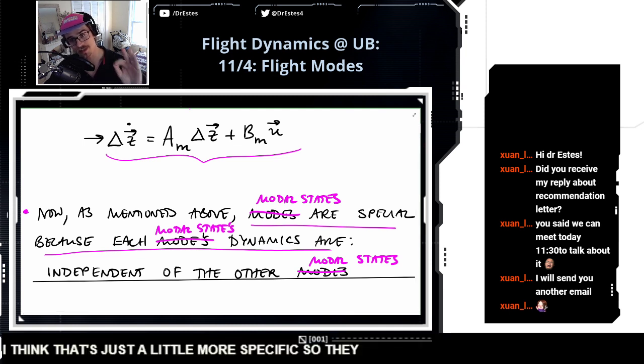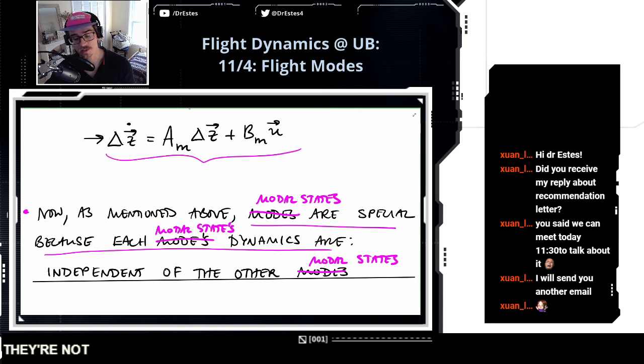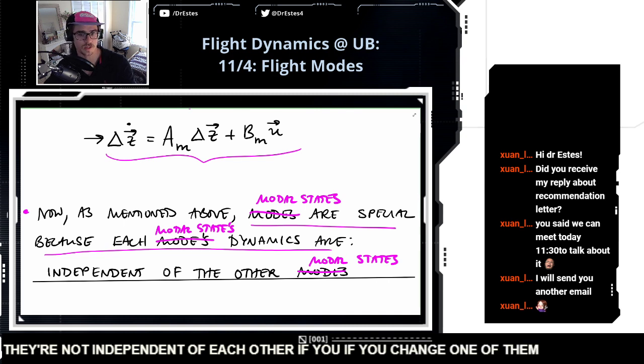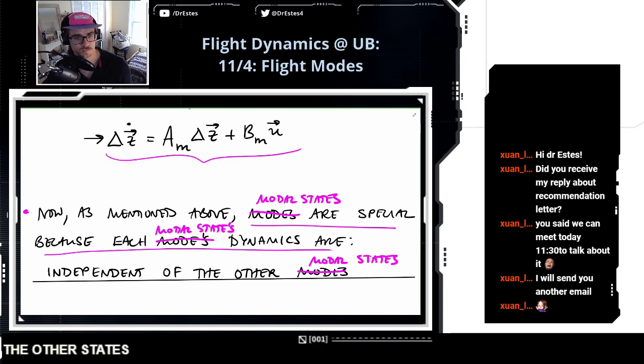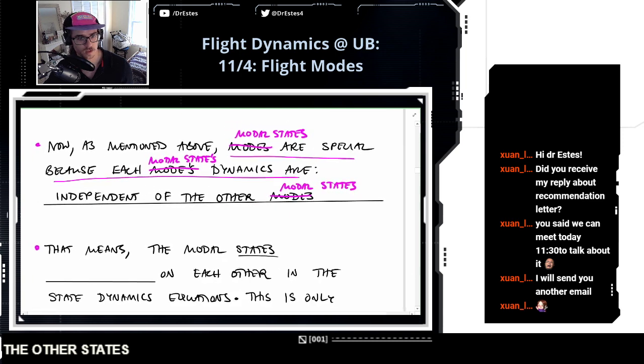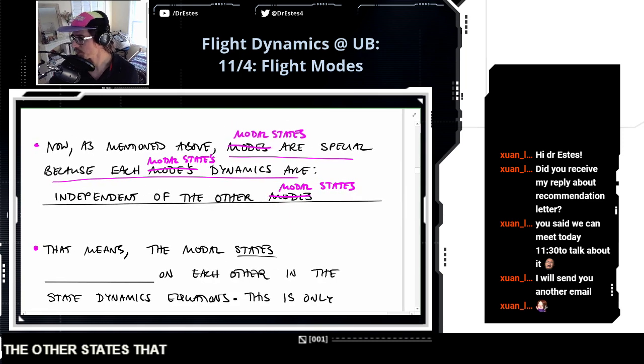So this statement isn't true for our perturbation states in the physical coordinates. Delta V, delta P, whatever, they're not independent of each other. If you change one of them, it'll affect the other states. That's not so with modal dynamics.